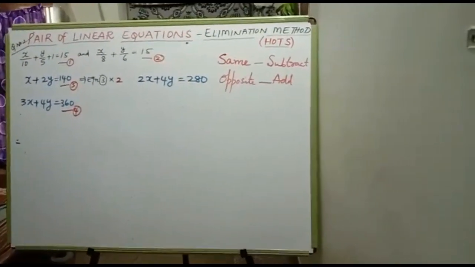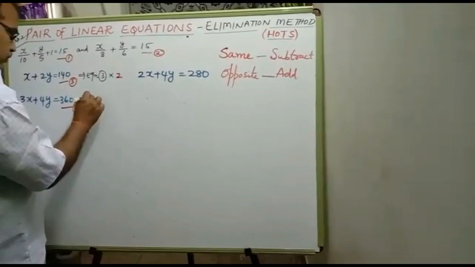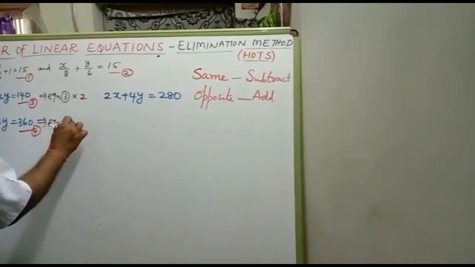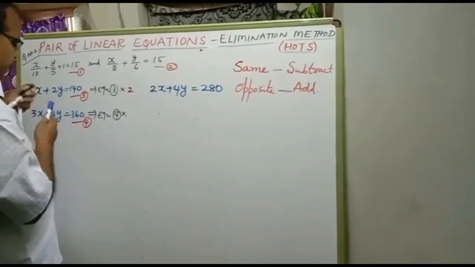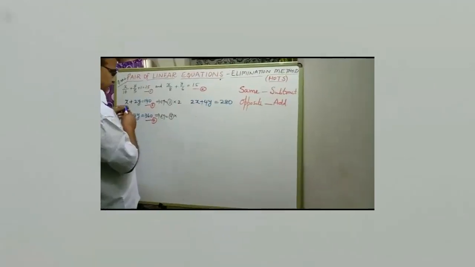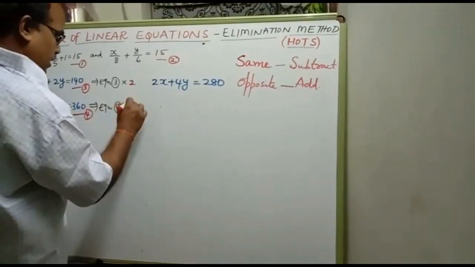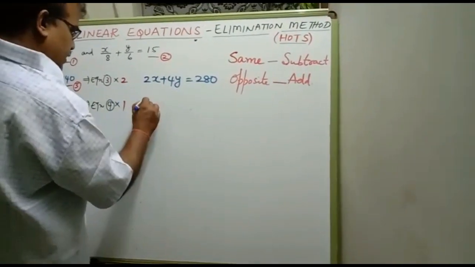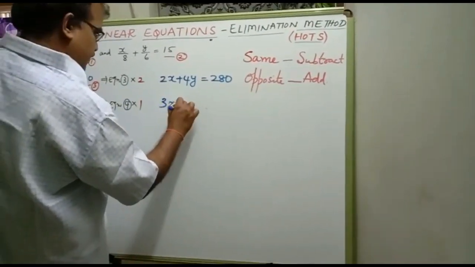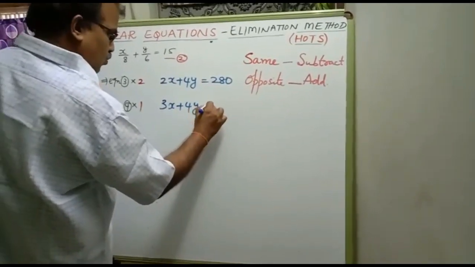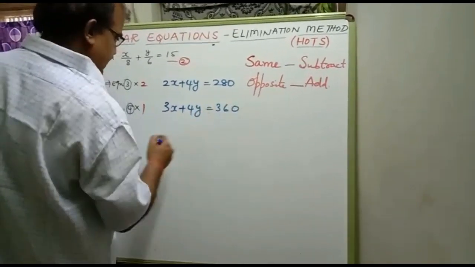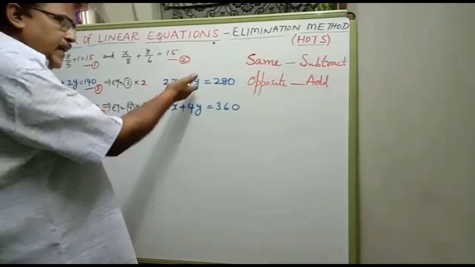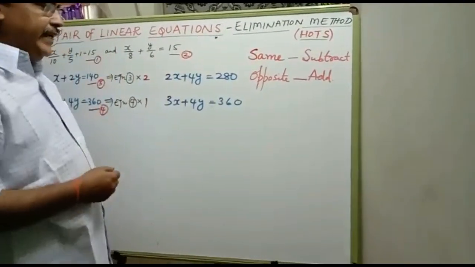Coming to equation 4, multiplied by 1, as it is you can write: 3x plus 4y is equal to 360. Now we have to eliminate y, and because 4y is there in both, easily we can eliminate.